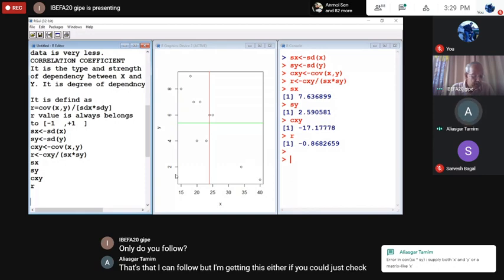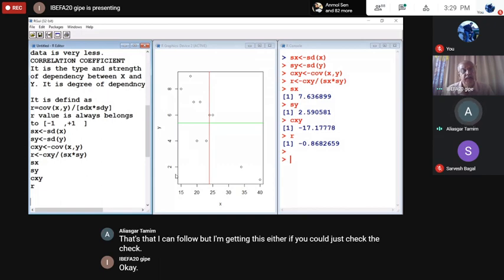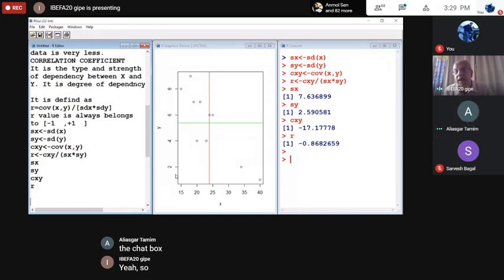If you could just check the chat box. Yes. Sonam Verma, do you follow all the computational work? Yes, sir, I followed it. Very good. Mohit Mishra, do you follow the computational work? Yes, sir.